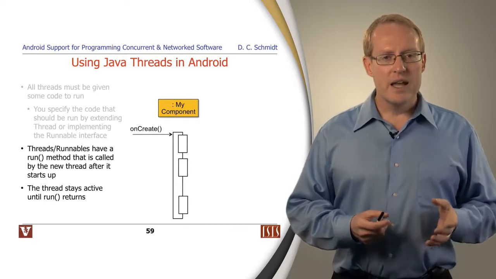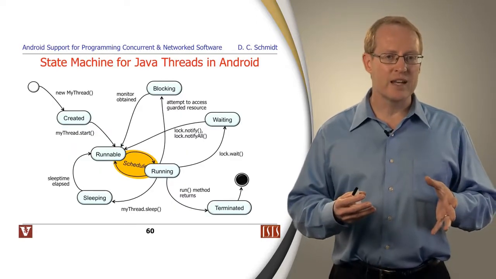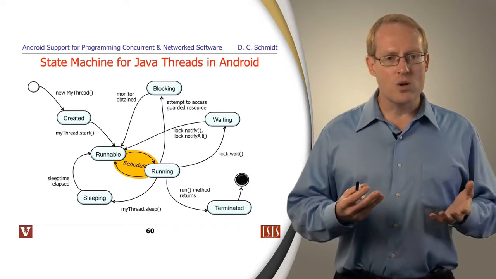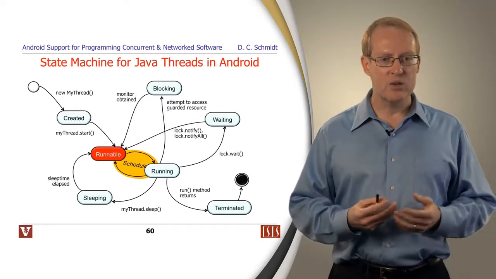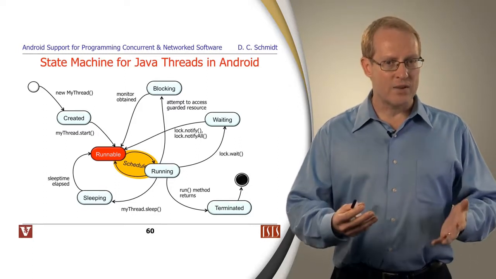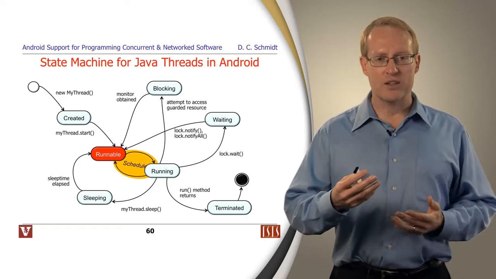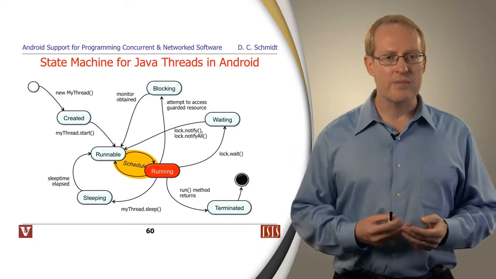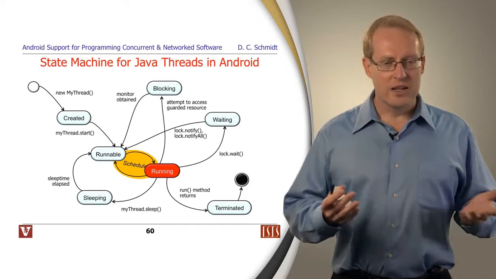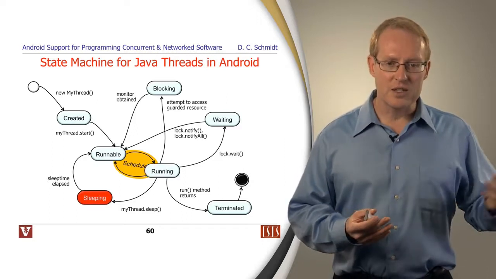Here's a little view of a state machine that illustrates the various states that a Java thread can be in. When you create a new thread, the thread has been created. When you call start, it becomes runnable. At some point, the Java and Android thread scheduler will select the thread to run. It is now running. It can continue to run doing various computations. It could go to sleep, which would put it in the sleeping state.